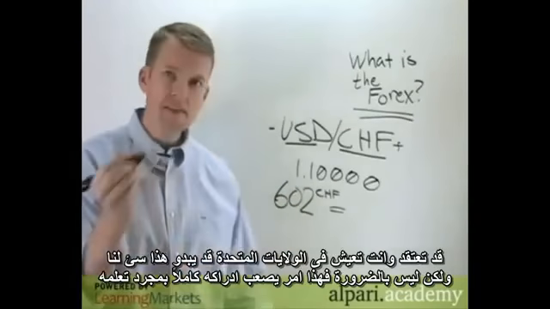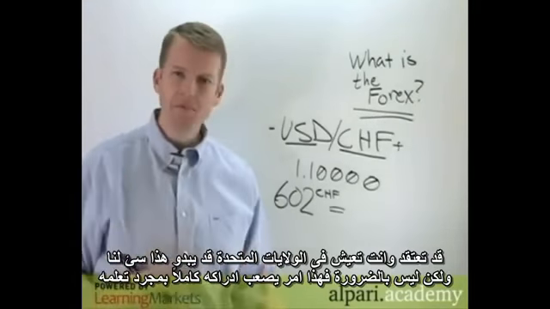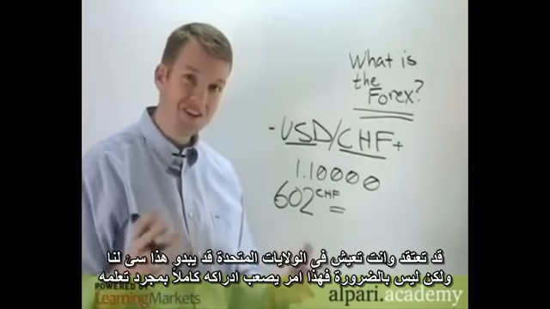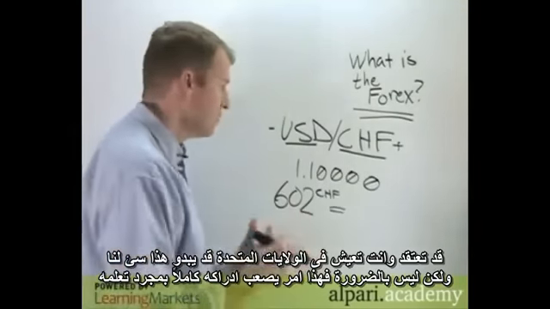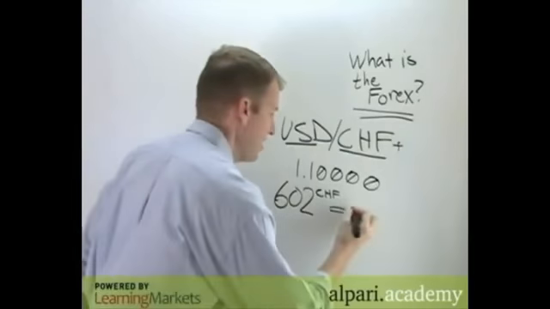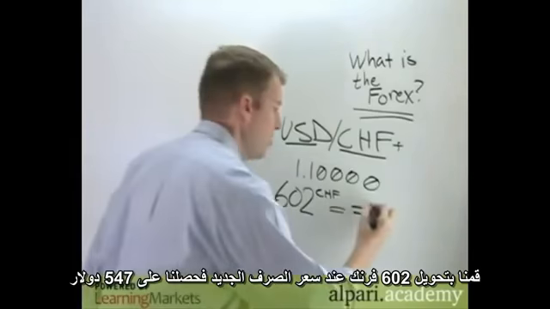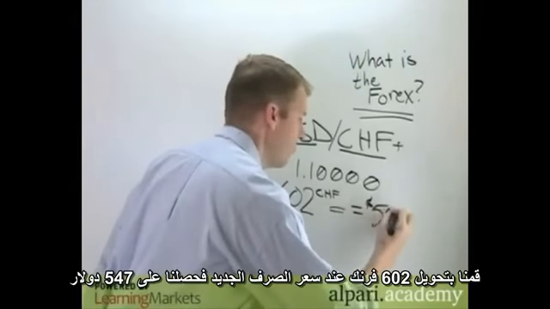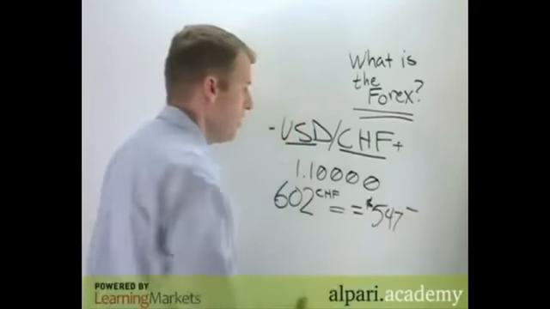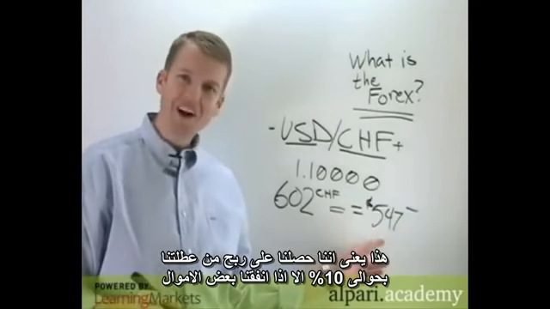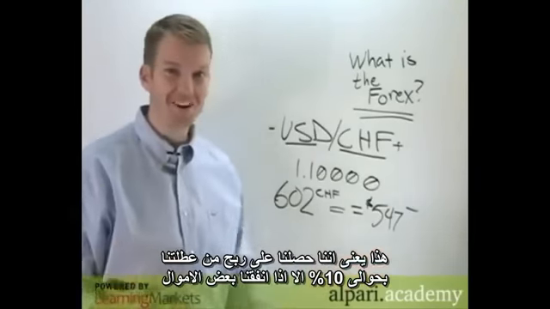And now you might think, well, we live in the US, that must be a bad thing for us. Well, not necessarily, and this is something that's hard to wrap your head around when you first learn it. If we convert these 602 francs at our new exchange rate, we get back $547. That means we just made a profit on our vacation of 10%, at least on our spending money.